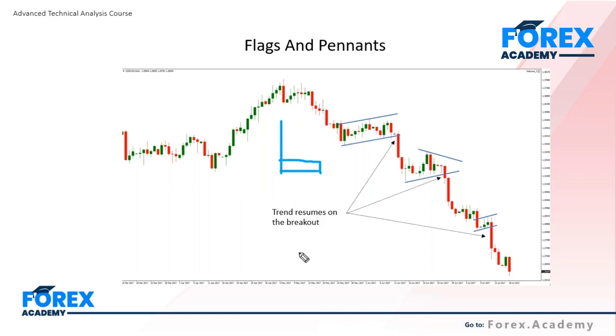So we've had a move down, and then we have a pause in price action, and ultimately then markets will move lower. This would be seen as a flag. A pennant takes more of a somewhat triangular formation, but you can see in all three instances the retracements in an opposite direction are shallow.